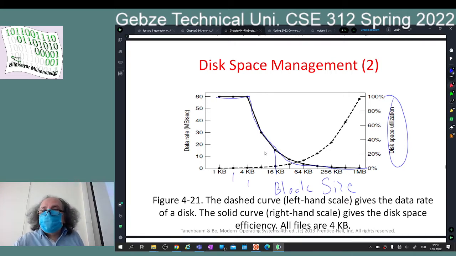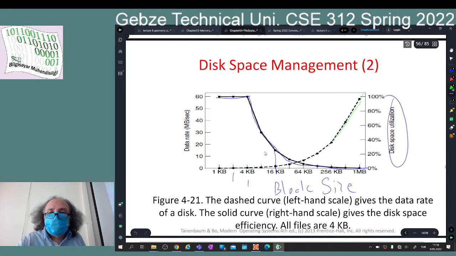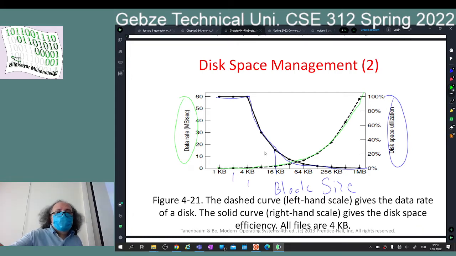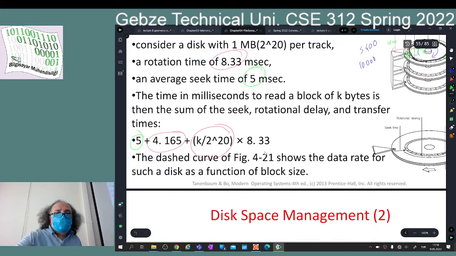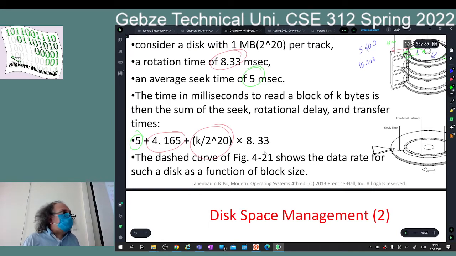The other thing is, let's look at the other side of the picture. It's going to be this green curve, and it's going to be the data rate. If I put in this formula here, to read a block, this is what you need to do, right?